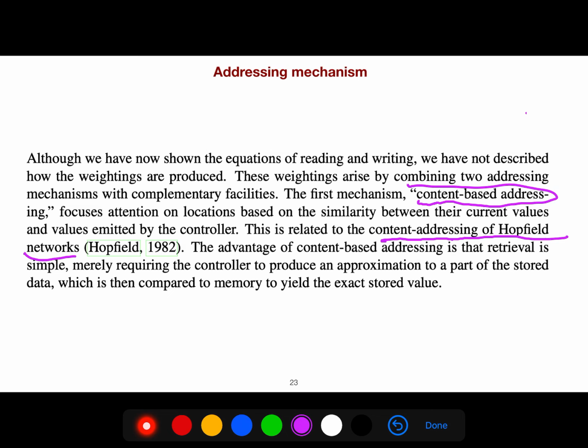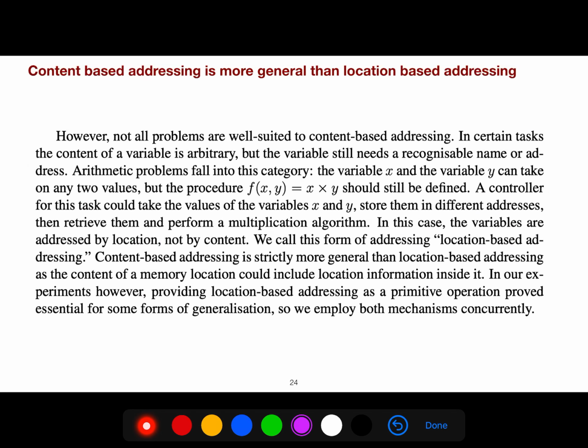The advantage of content-based addressing is that retrieval is simple, merely requiring the controller to produce an approximation to a part of stored data, which is then compared to memory. However, not all problems are well suited for content-based addressing. But content-based addressing is more general than location-based addressing.